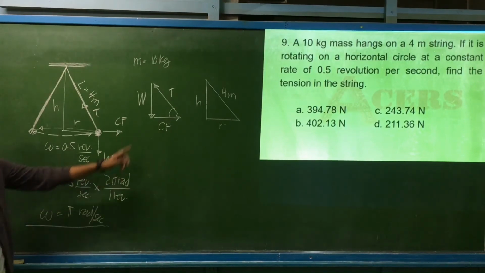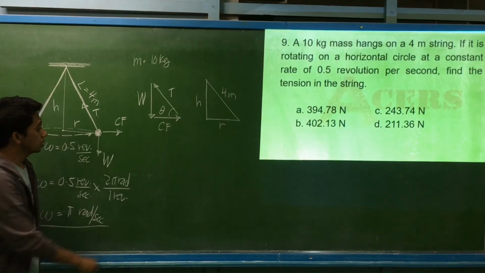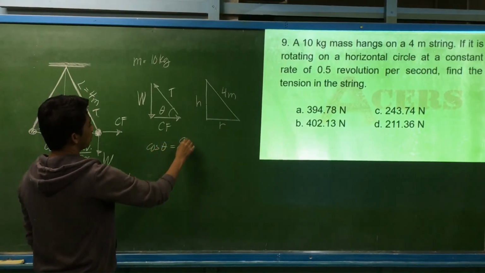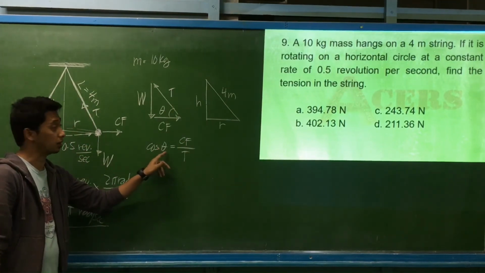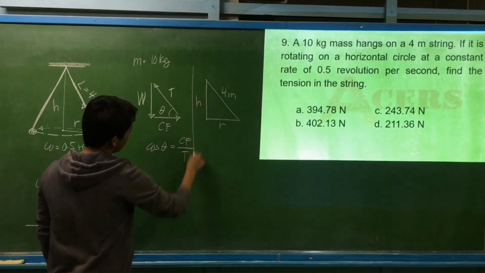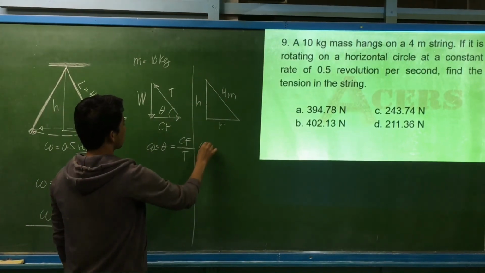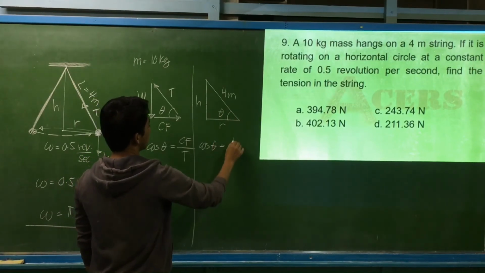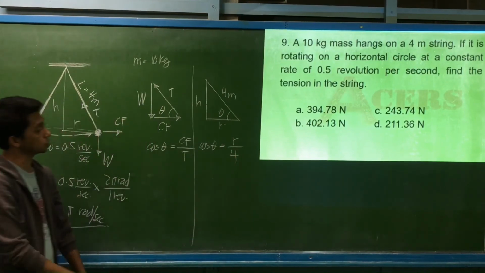So we are considering centrifugal force. For example, supposedly we have a theta here. The cosine of theta should be equal to the centrifugal force over the tension. It's just that we don't have theta. On the other side, if we use the 4 meters, the cosine of theta is the radius over the hypotenuse, which is 4 meters.